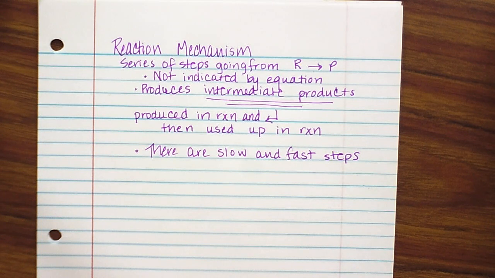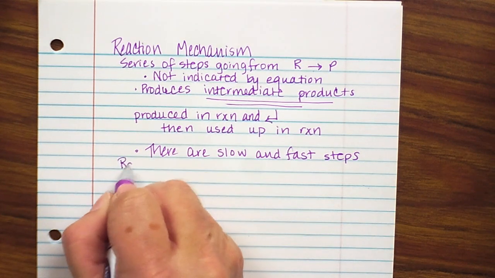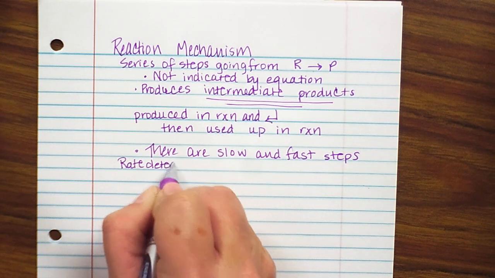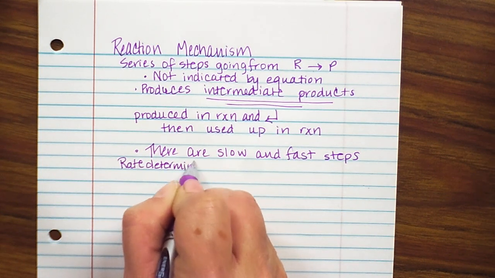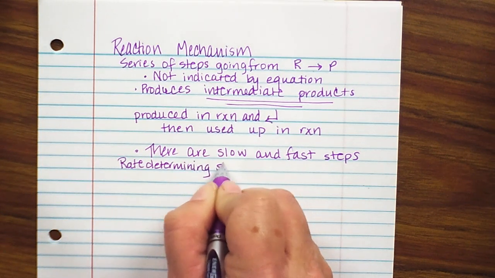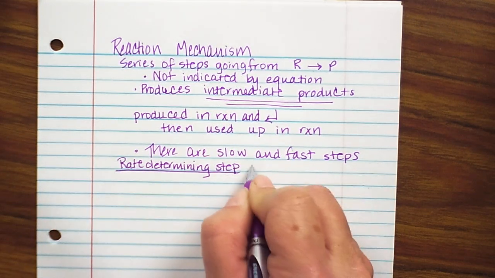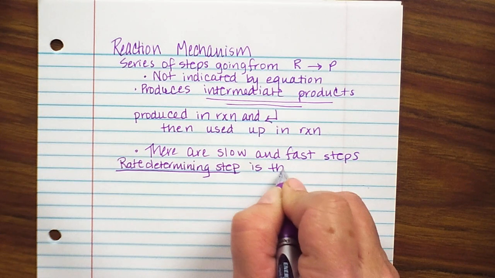That's one of the things that you're going to see, is that when you finally make a decision about what your rate law is, it's got to match your slow step. So that means that the rate determining step is the slow step.